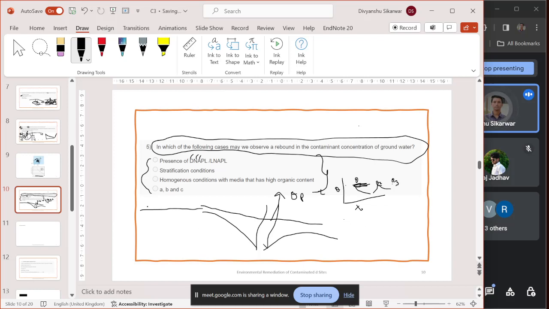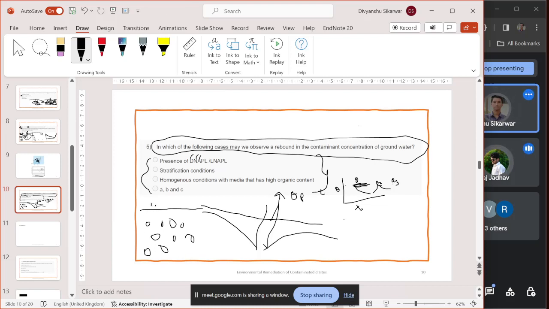If this is the ground and these are soil particles, and these are pore spaces, water gets stored in the pore spaces, and if the contaminant is dissolvable in water, then the contaminant will also be present in these pores with the water.